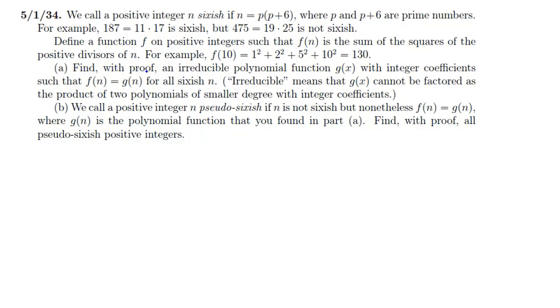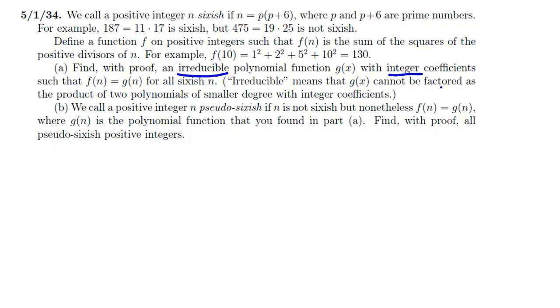Part A. Find with proof an irreducible polynomial function g of x with integer coefficients, such that f of n equals g of n for all 6-ish n.